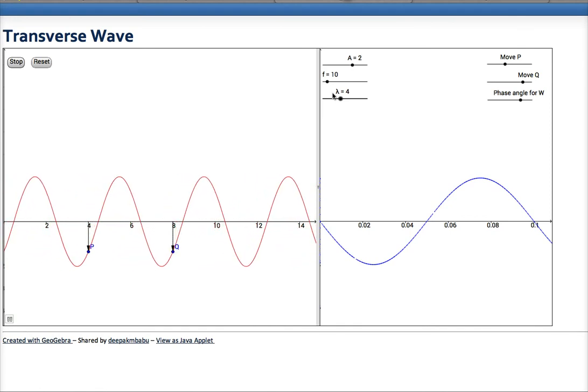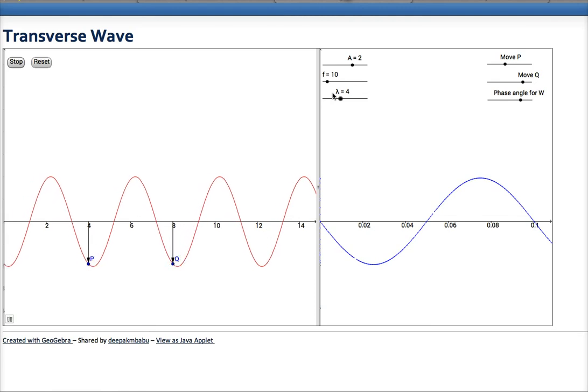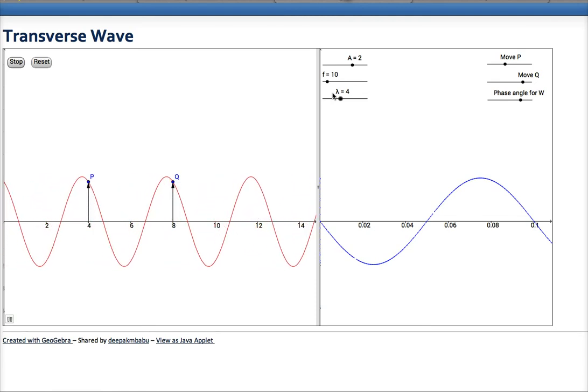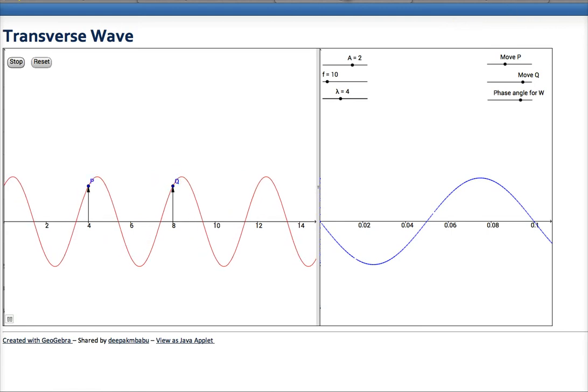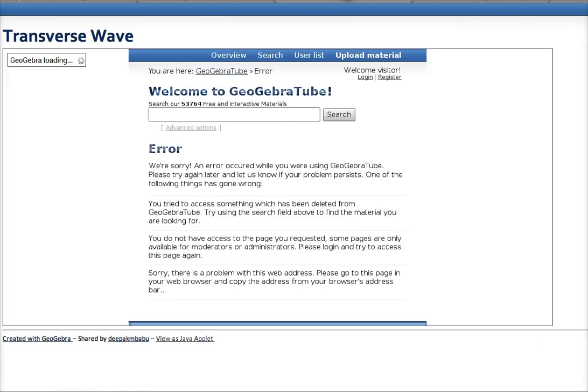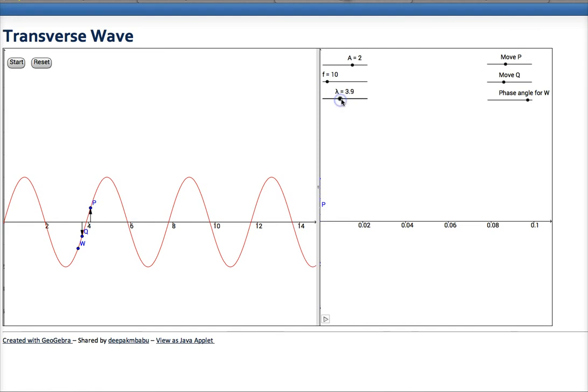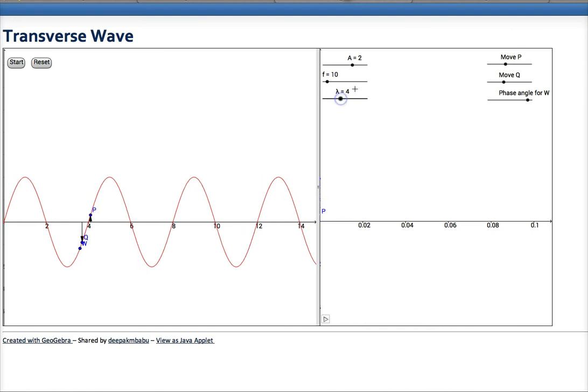Alright, so now let's calculate the speed of the wave. To do that, we are going to need both graphs. Again, I'm going to simply refresh the browser and start all over from scratch. It's a little painful, but it is what it is. So frequency at 10, amplitude at 4, lambda at 2.